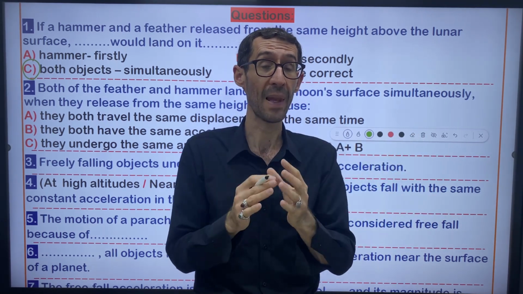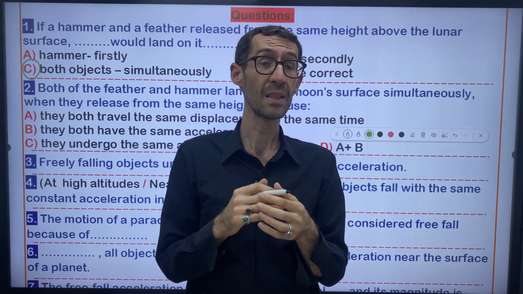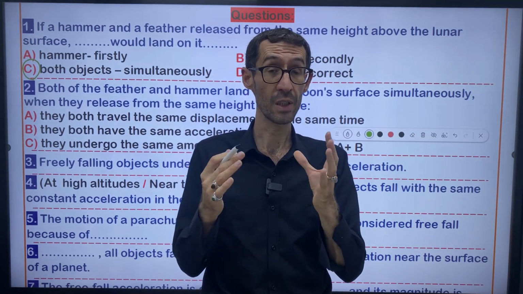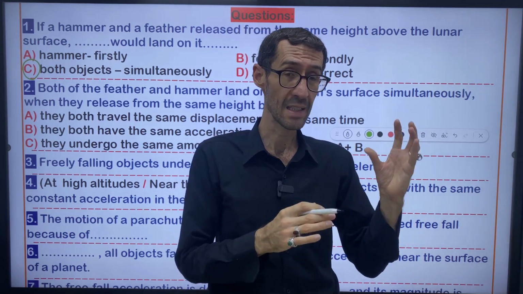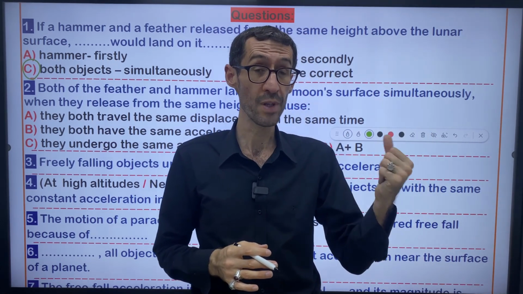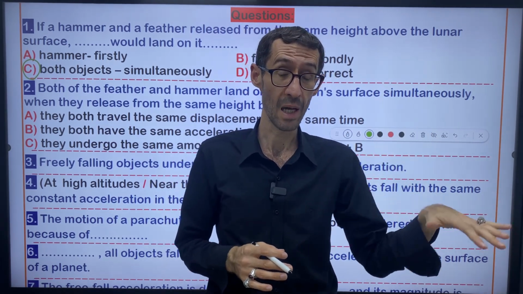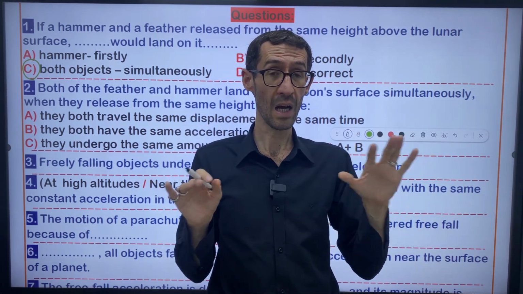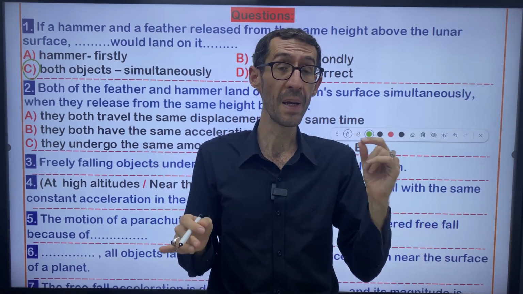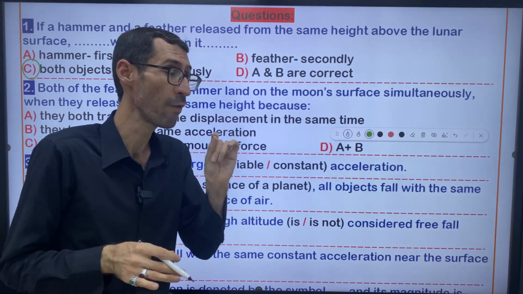Any planet applies a greater force on a heavy object and a smaller force on a light object in order to give the objects the same acceleration, based on Newton's second law of motion.